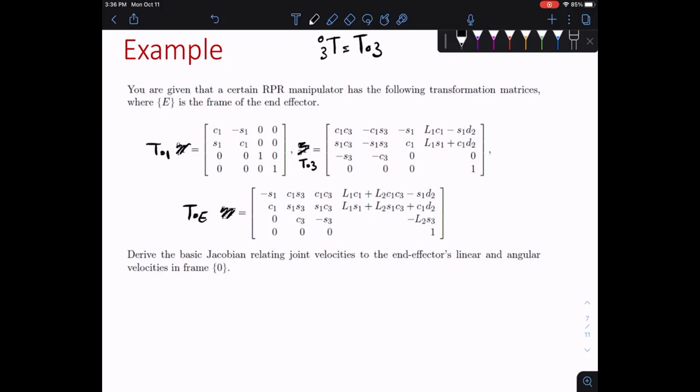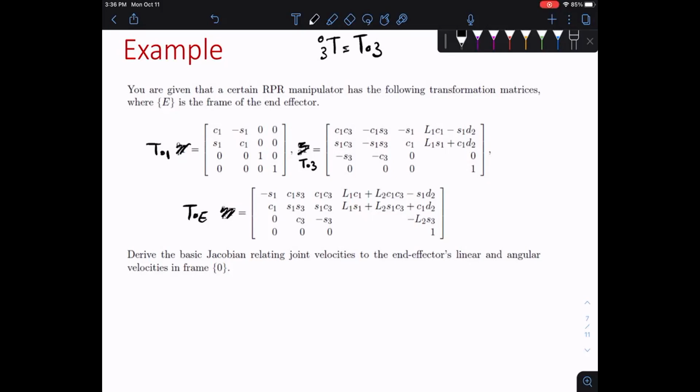Since we have the transformation matrices, the best way is to use that partial differential equation that I just showed. So find all the positions and then take the derivative with respect to the different joint variables.